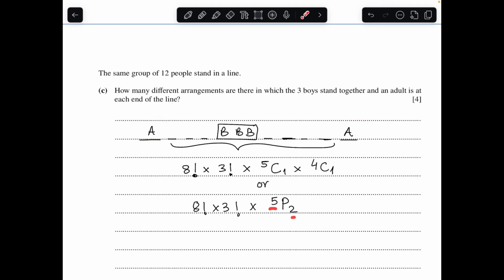Yeah, so that is 5 permutation 2. If you are going to use choose, then you have to write it a little bit longer. You got to do 5 choose 1, then 4 choose 1. The easier way would be 5 permutation 2. So this works out to be 4,838,400.